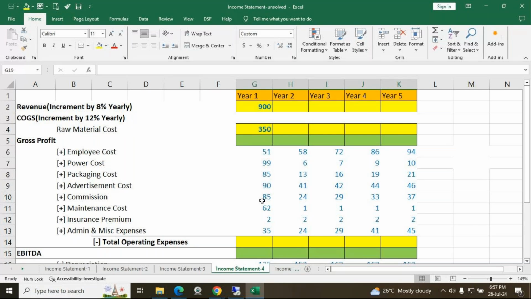Ma'am, in the first year there is no tax given. Yes, if it is a negative value, tax will not be applied on it.